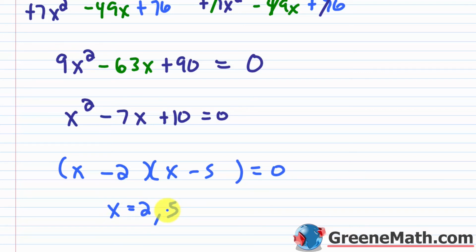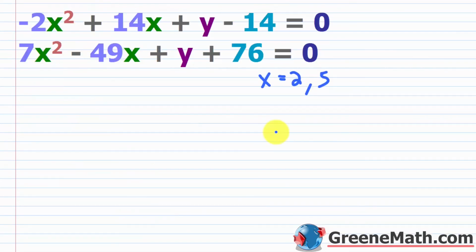Okay, so let's erase everything. So at this point, what I want to do is plug in a 2 for x, see what y is equal to, and then plug in a 5 for x, see what y is going to be equal to, okay? So if I start out with 2, let's just use the top equation. So negative 2 times, you'd have 2 squared, so let's just go ahead and say this is 4. And then plus 14 times 2 is 28.